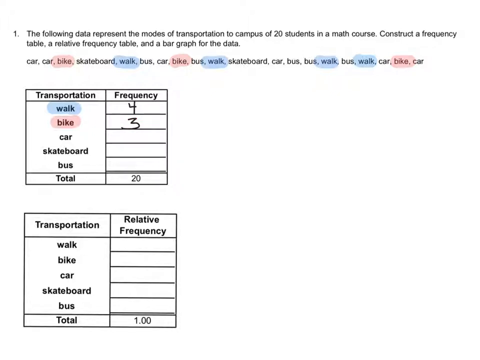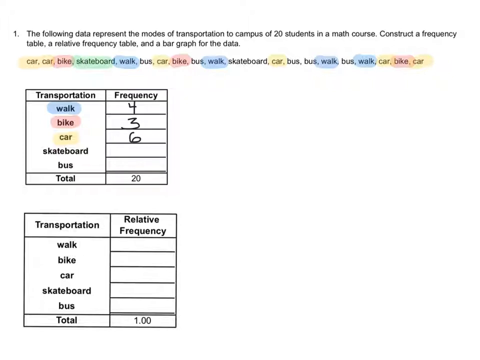Next, we're going to identify the number of times car appears in the set. 1, 2, 3, 4, 5, and 6. So car appears 6 times. Next, I'll go on to the skateboard.